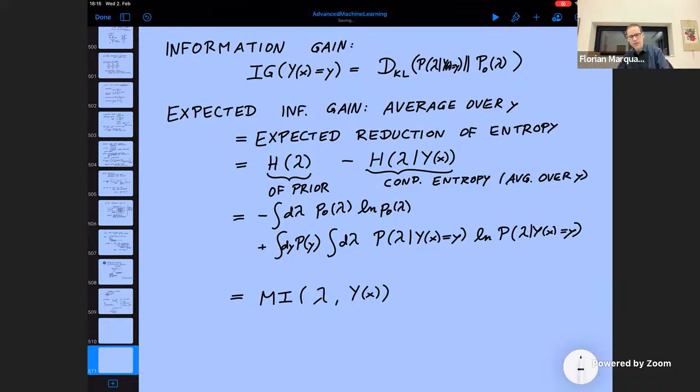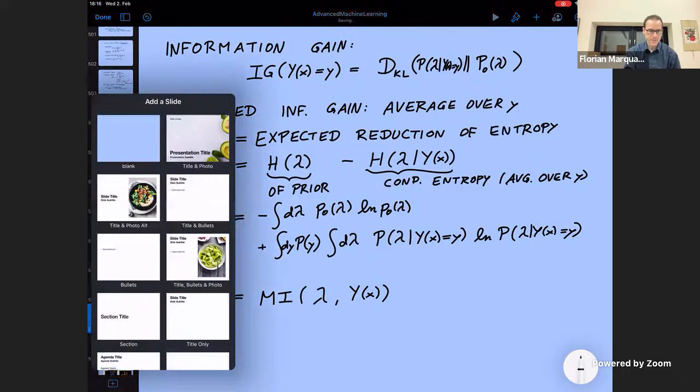And by looking at the measurement, you can learn something about the model parameters. Okay, so this is what you want to do. Before you do any measurement, you want to calculate from your model and your current lambda distribution the expected information gain as a function of x, and then you want to pick the largest information gain.